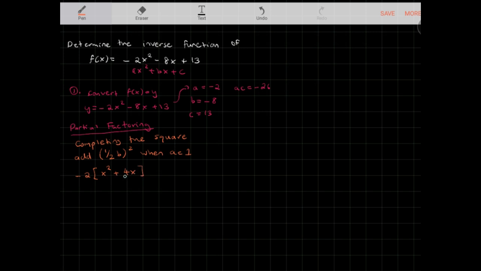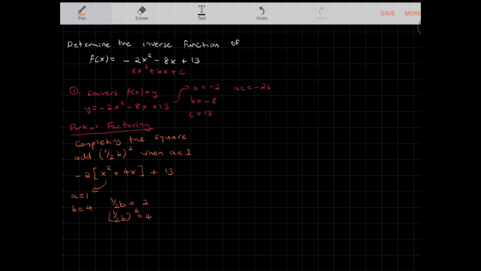And I only factor out of the two terms, the a and b term, and keep the positive 13 on the outside because it's not divisible by negative 2. You can notice here that a inside is 1, b here is 4, 1/2 b here is 2, and 1/2 b squared is equal to 4.